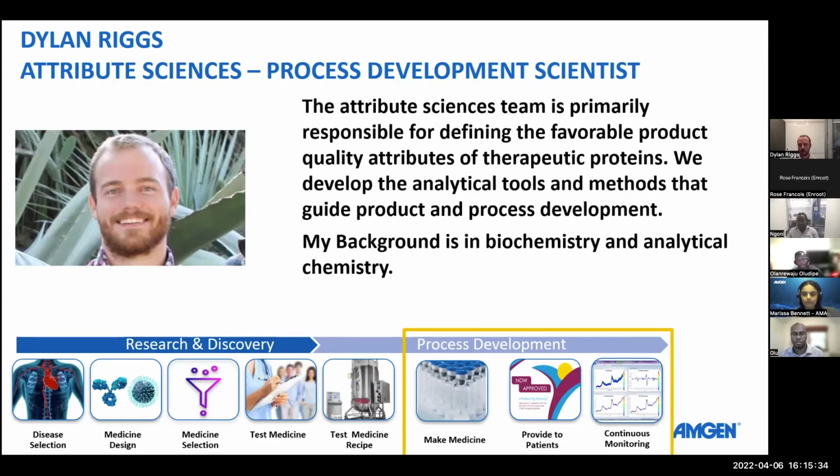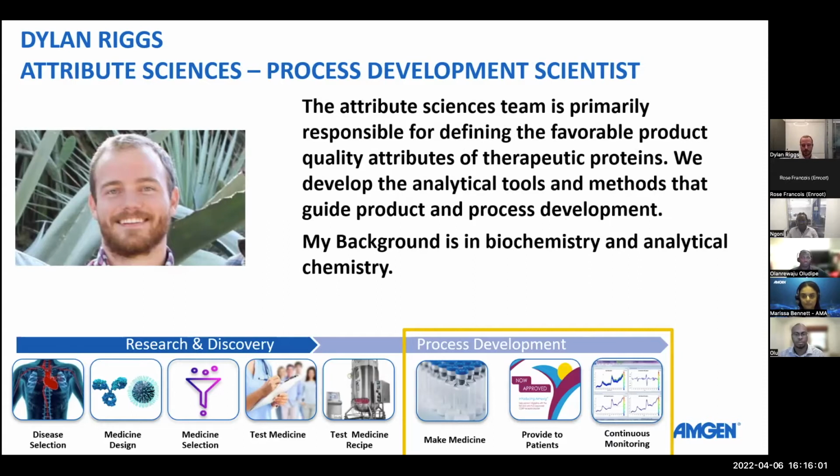And so along that process, we have to really understand what matters for these potential drugs and what doesn't matter, right? And so back to the sneaker analogy, it's sort of understanding what makes a good sneaker, and that falls under attribute sciences. And so it's really our goal to understand what attributes of a molecule make it have high quality and what attributes degrade the quality.